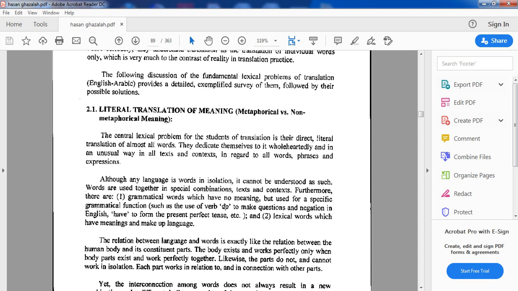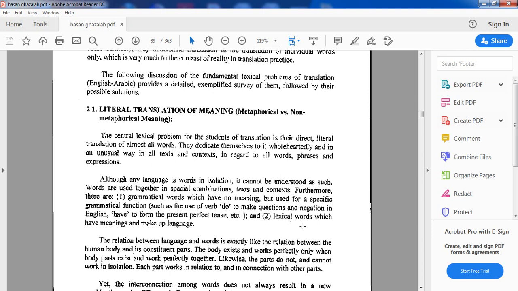For example, the auxiliary verb is or are. There's no specific meaning for those items, unless we put them within a context, so that they give a meaning for the whole sentence.